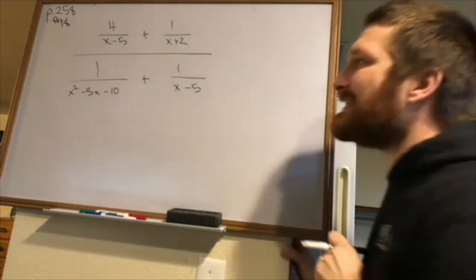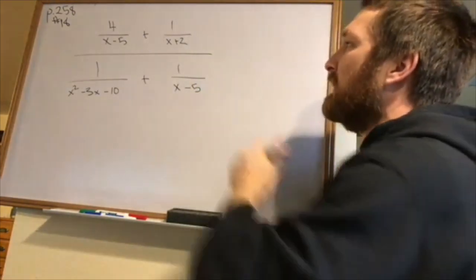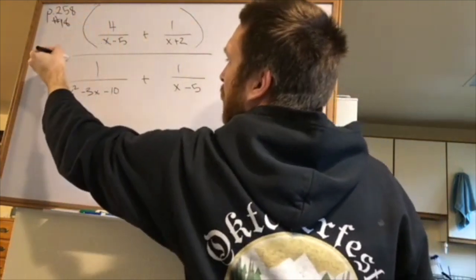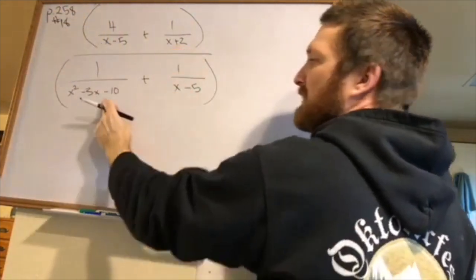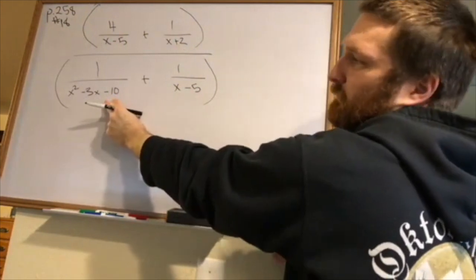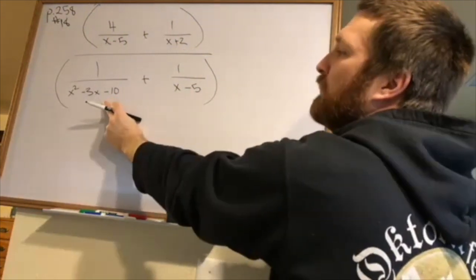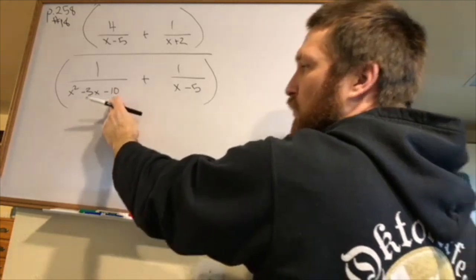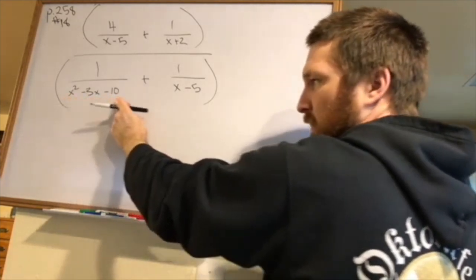Now, if you have something like this, you'll notice this guy could be factored. You're going to end up with stuff like this. And of course, that's what you want to do. You want to factor this guy down.